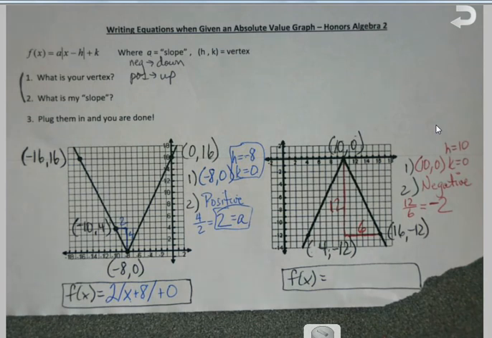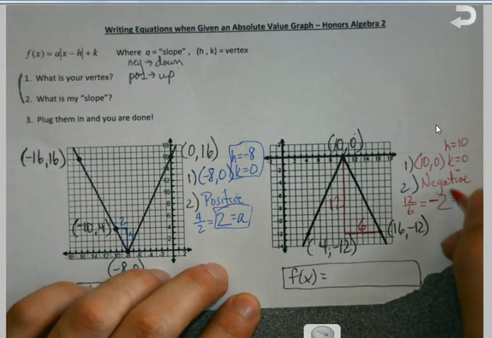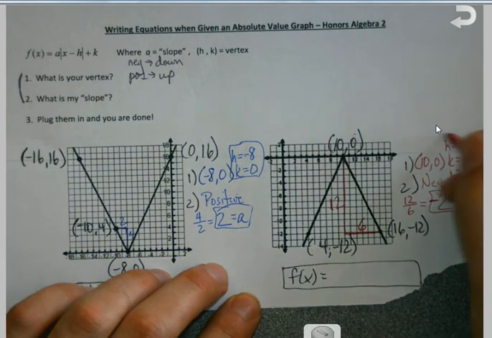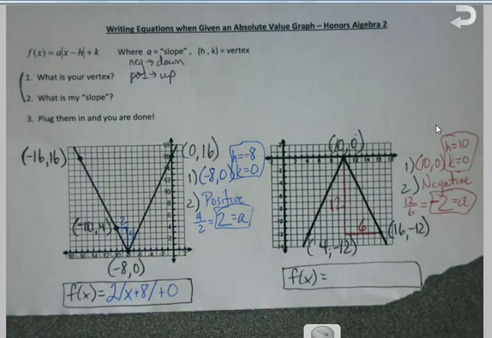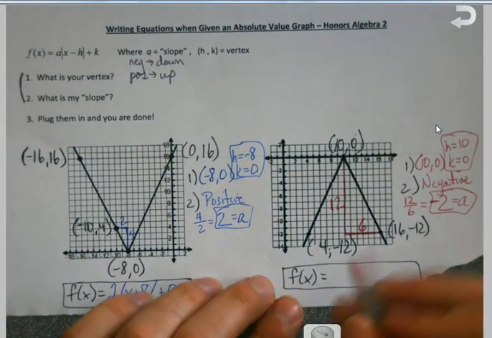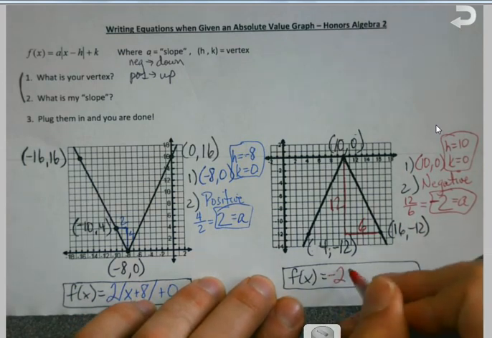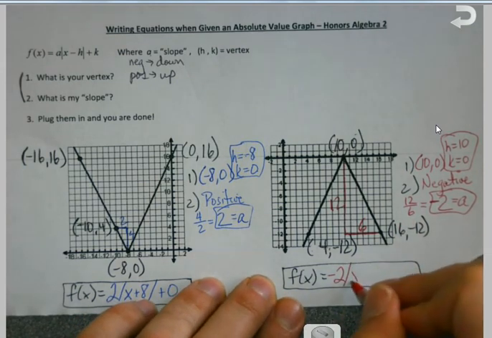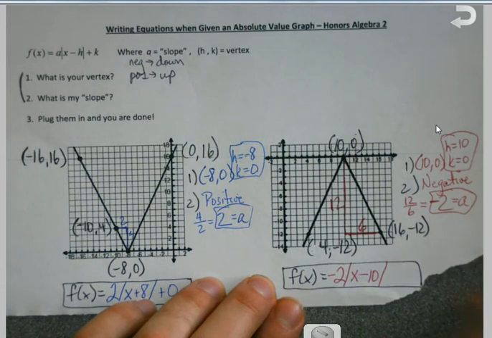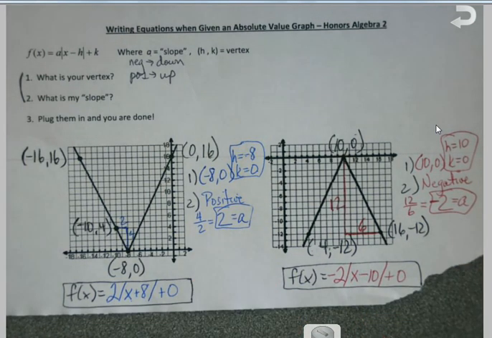And once again, I have my A, I have my H and K. Now it's time to fill it in. So I'm like, all right, negative 2 is my A, X minus H, and again, I can put the plus 0, but I don't have to.